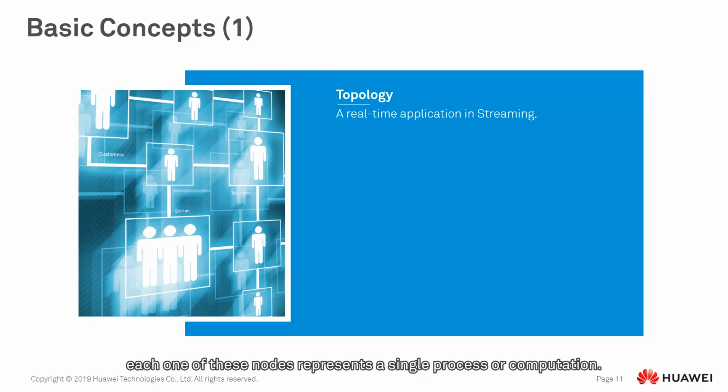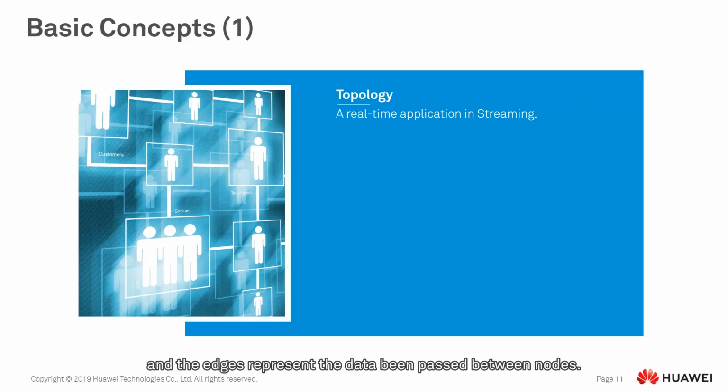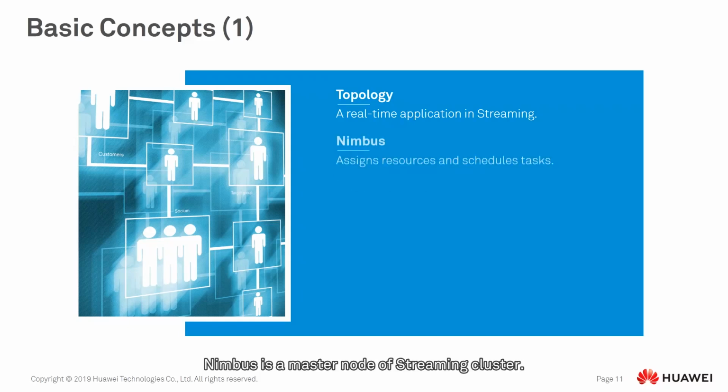Now imagine that each one of these nodes represents a single process or computation, and each edge represents the result of one computation being passed as input to the next computation. A streaming topology is a graph of computation where the nodes represent some individual computations, and the edges represent the data being passed between nodes. We then feed data into this graph of computation in order to achieve some goal.